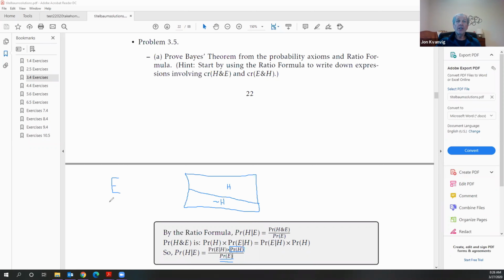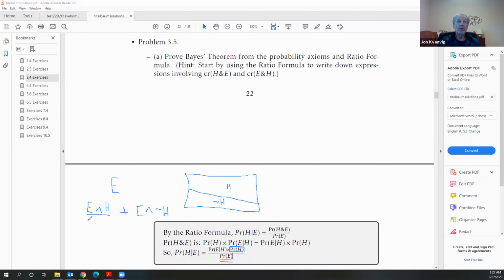And that lets you do an expansion on E, where what you're doing is adding the probability of E and H together with the probability of E and not H. And you also know that that probability is the same as the probability switched around in the other order.